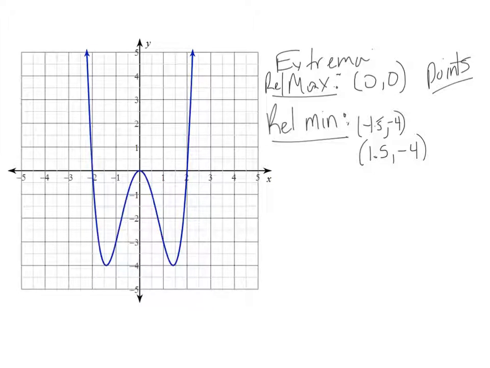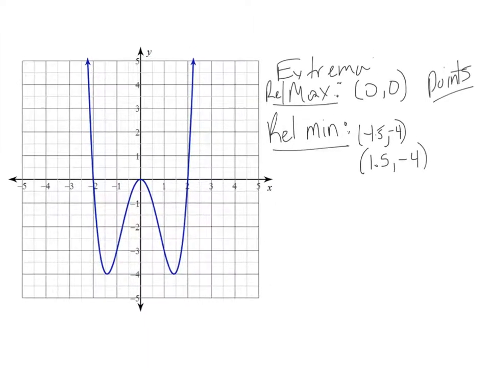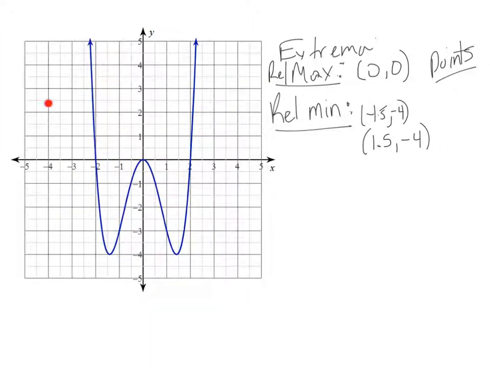Okay, so now we're going to look and say, where is the graph decreasing? So remember, we start from this way. So we start from here. There's the graph, it's going down from forever. So let's do decreasing first. We use interval notation here, so it goes from negative infinity, in the direction this way, to wherever this relative minimum was, this negative 1.5.